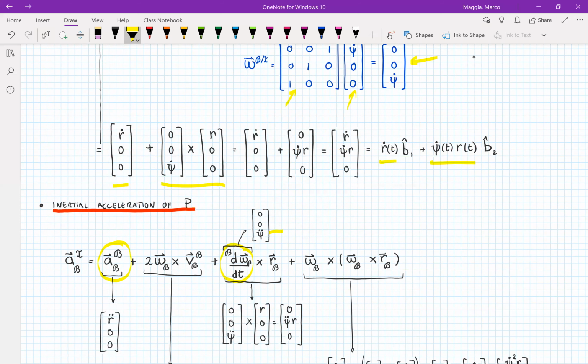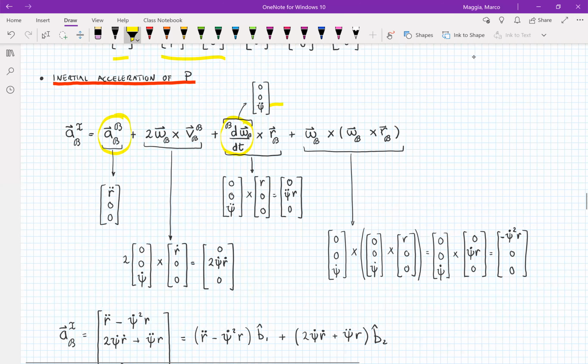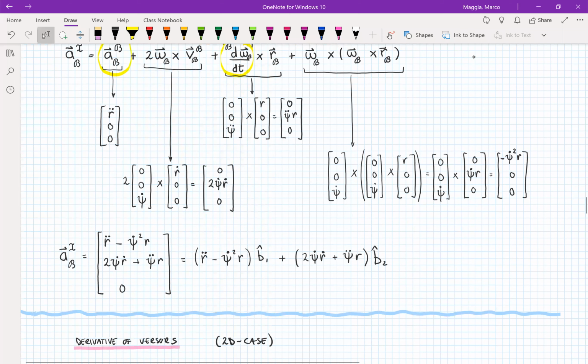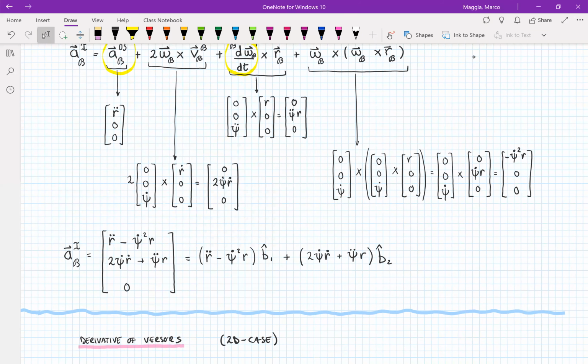We know everything else, so you can compute all the cross products, and I invite you to review your math skills, because they might be tricky, especially taking care of the sign appropriately.